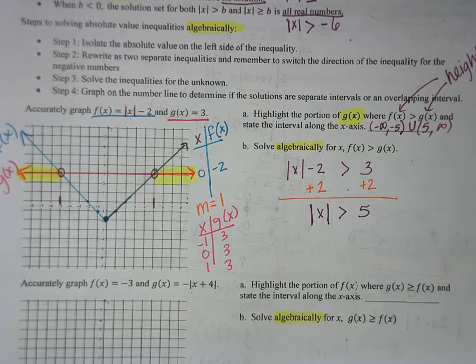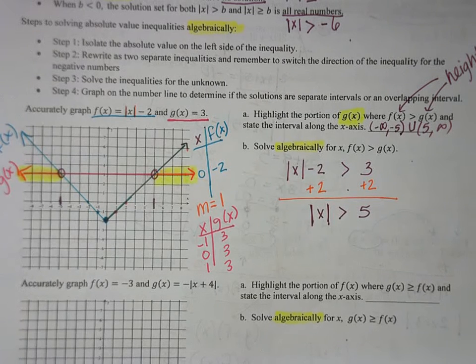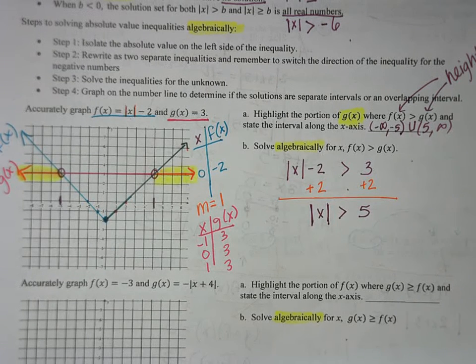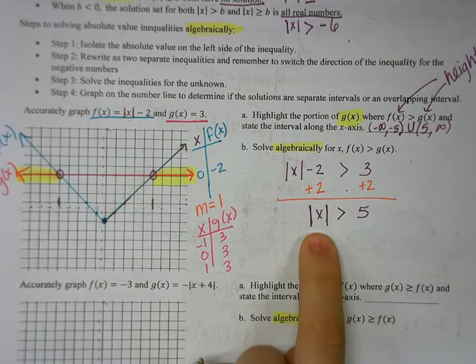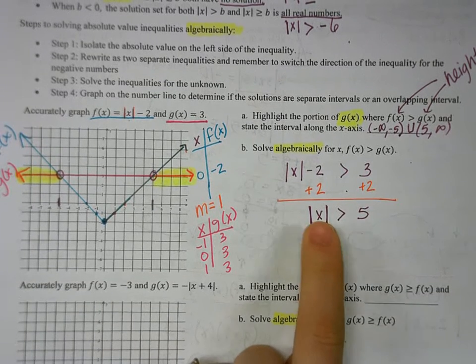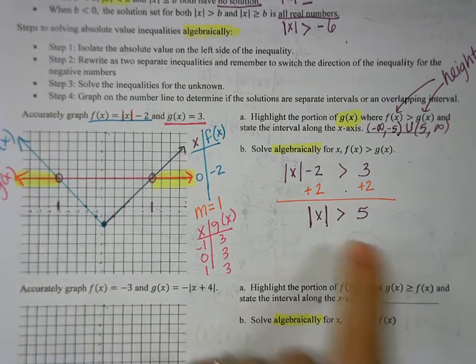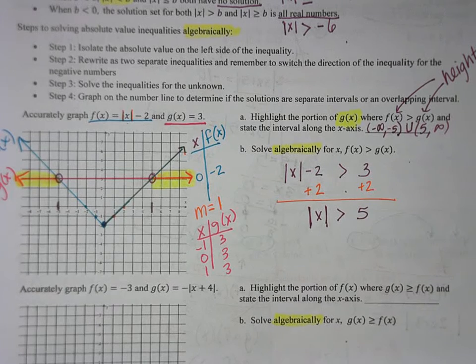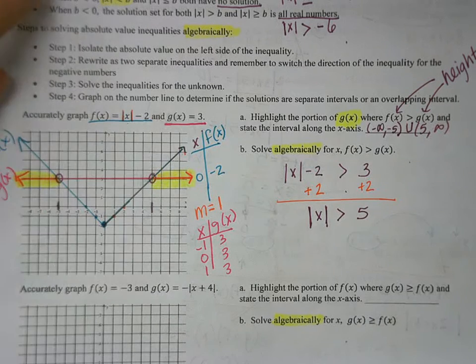All right. Now we want to check right here. There are some cases in which our absolute value will be greater than 5, and there are some in which our absolute value will not be greater than 5. So I just want to make sure that I don't get any of my special cases right here.